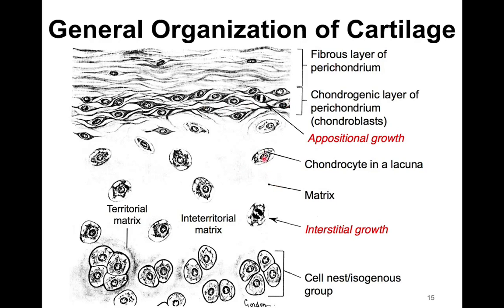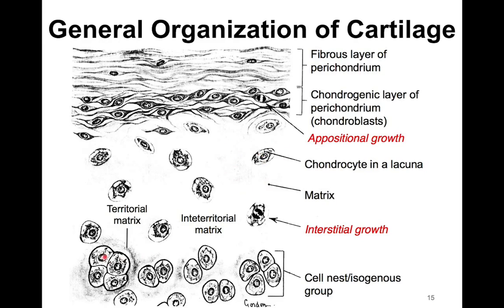So when these chondrocytes undergo cell division and give rise to new cartilage cells or chondrocytes, the matrix is relatively rigid. It's not as rigid as bone. When we see bone matrix, it's very rigid, so it doesn't even allow the osteocytes to undergo cell division. But cartilage matrix is relatively flexible, but it doesn't allow the newly formed chondrocytes to migrate or to move.